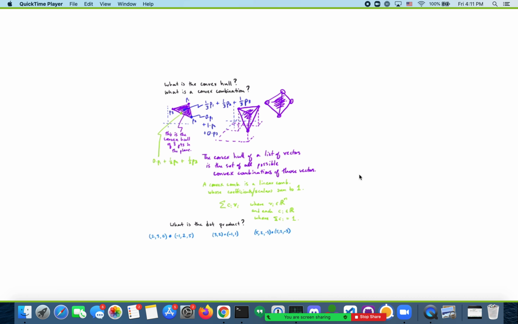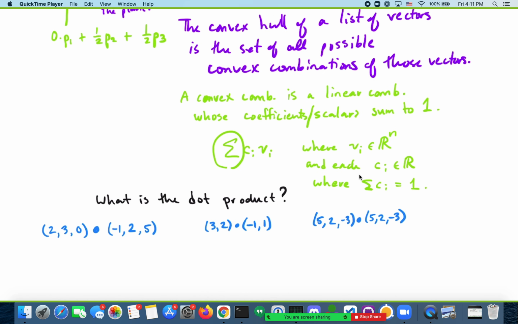Okay. And remember, this sigma symbol here is just a shorthand. It's because it's tiring to write out C1 v1 plus C2 times the vector v2 plus the scalar C3 times the vector v3 plus the real number C4 times the vector v4. So if this was a sum of 4 vectors, sometimes people put a 4 up there to say, yeah, this is a sum, sigma for sum. Sigma is this symbol here.